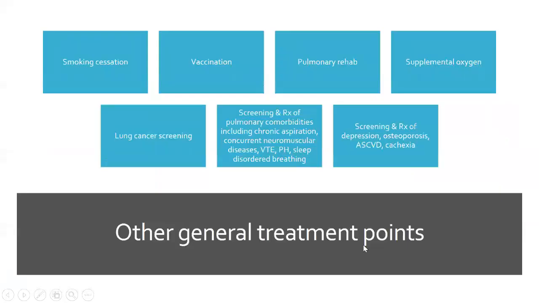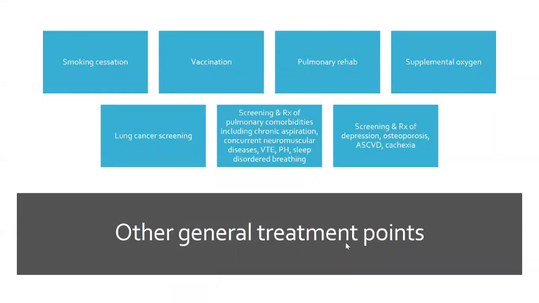Other things to remember, as with any of our other chronic lung disease patients, we always need to talk about things such as smoking cessation, vaccines, pulmonary rehab, need for supplemental oxygen therapy, lung cancer screening in the right kind of patients. Other pulmonary comorbidities: these patients are at risk for chronic aspiration, neuromuscular disease, thromboembolic disease, pulmonary hypertension, and also sleep disordered breathing, and treatment of other important comorbidities such as depression.